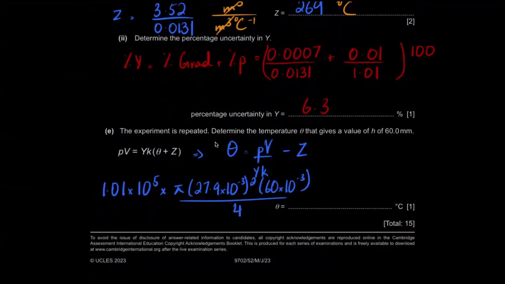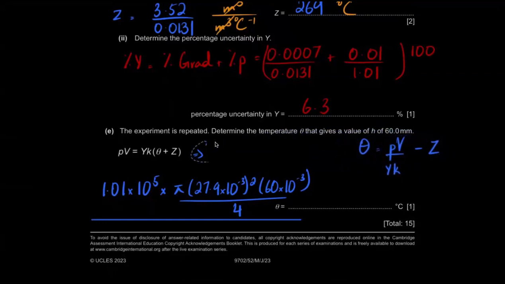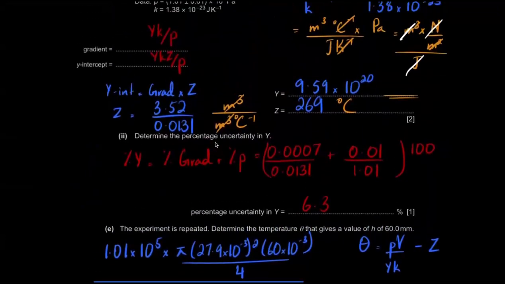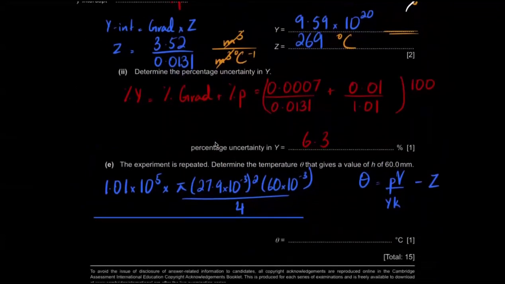And then you divide by YK. So Y and K now. Let's take this here now that we know how this works. Y is 9.59 into 10 to the 20.